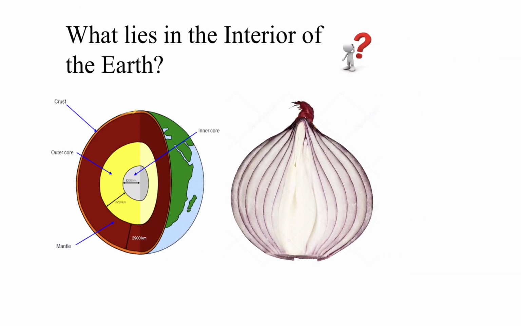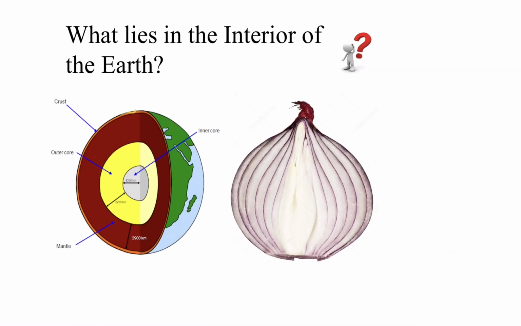Now, what lies in the interior of the earth? If you have ever peeled an onion, you would see that there are concentric layers. As you can see in this picture, in the onion there are several layers and one layer is inside the other.